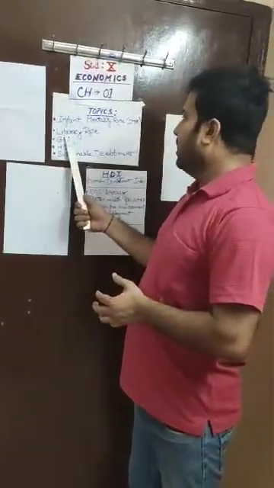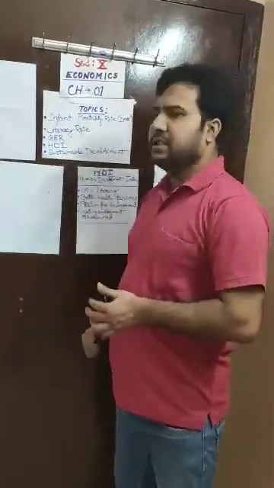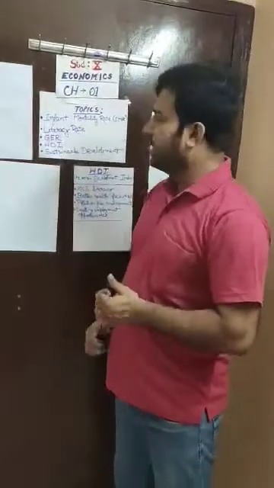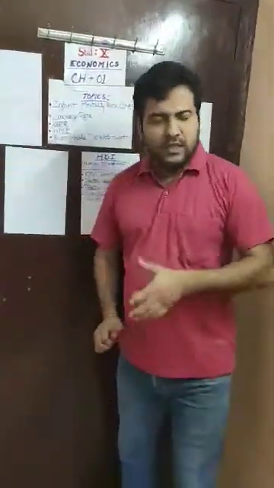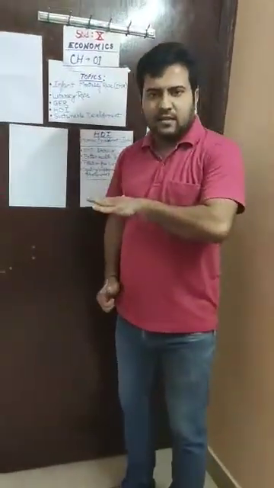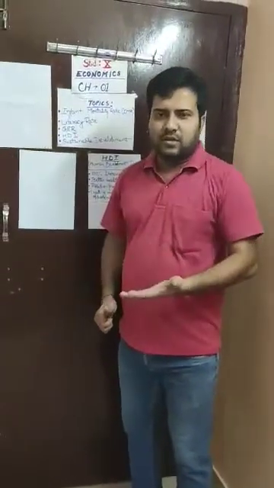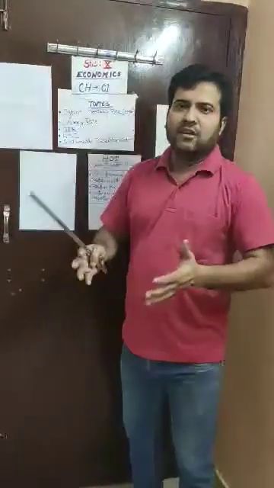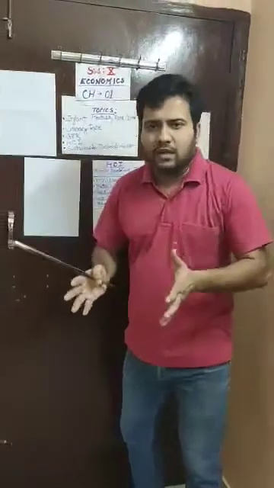The second indicator is the literacy rate. It is also very important for a country. Now, how is the literacy rate ascertained? It is ascertained by making a survey among around 100 people.